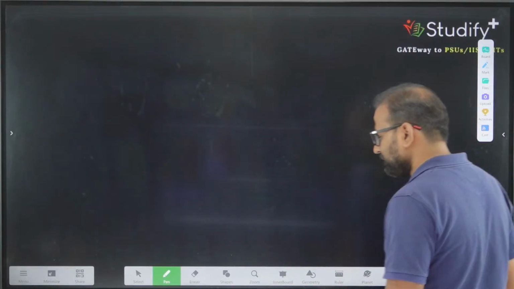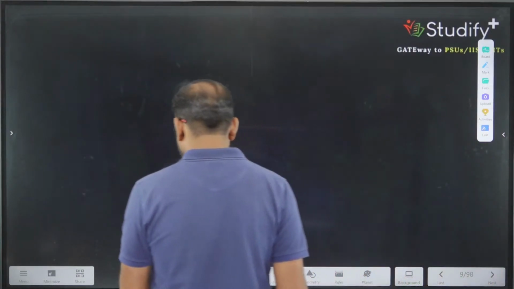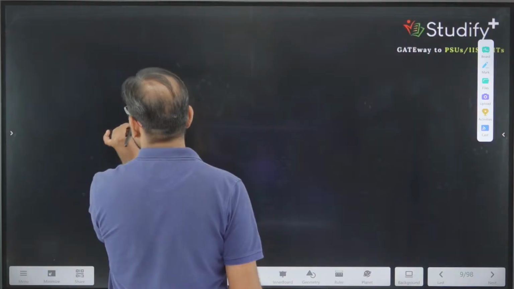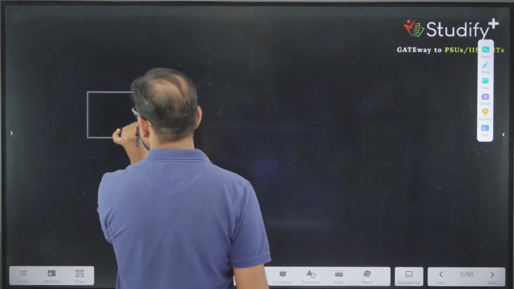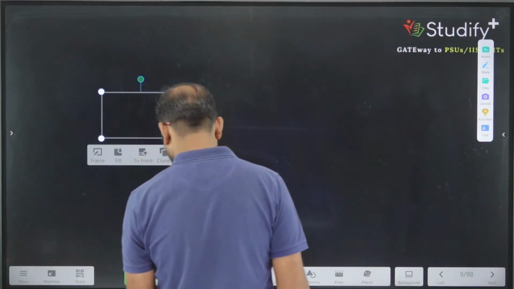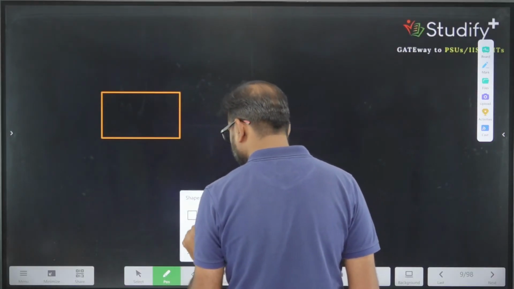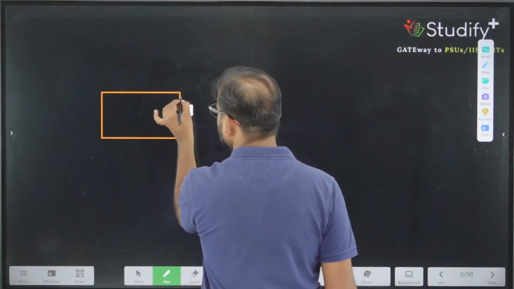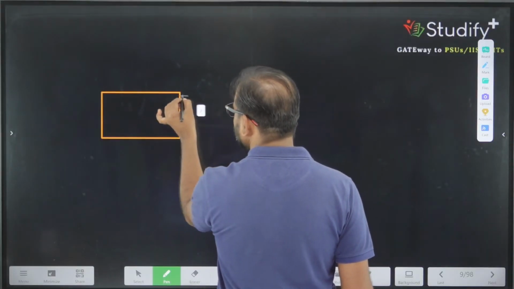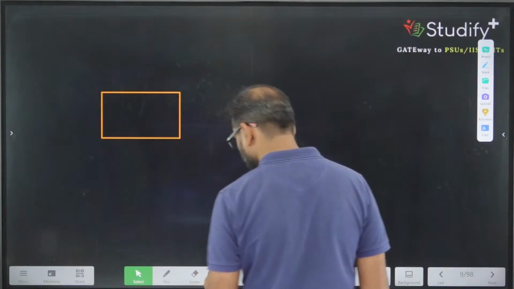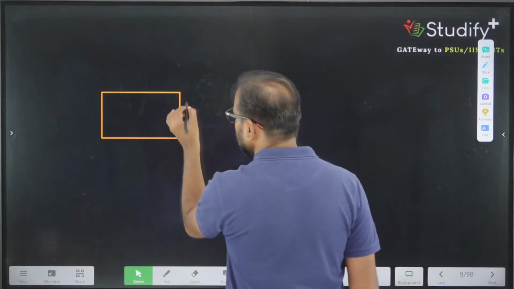So let's make this analysis. This is our two-port network, and in this two-port network we are calculating the parameters. The same thing we will do with the circuit also.